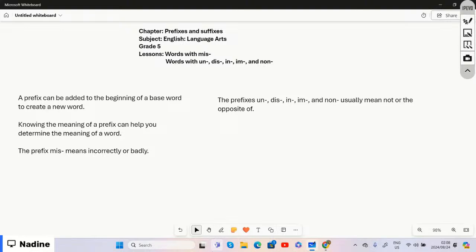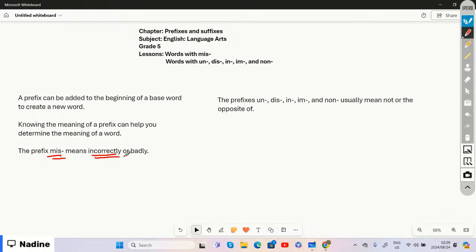Knowing the meaning of a prefix can help you determine the meaning of a specific word. Like, for example, look at the prefix mis. It means either incorrect or badly.